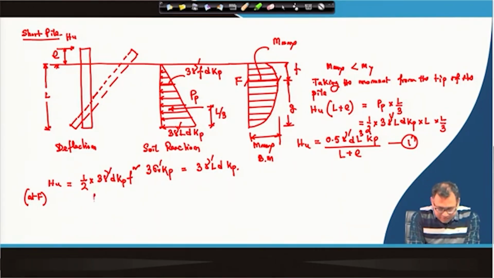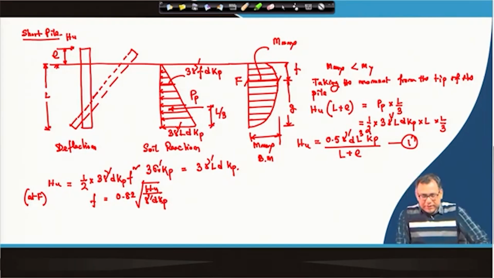So, I can write that F in terms of H u will be equal to 0.82 root over H u by gamma dash d K p.